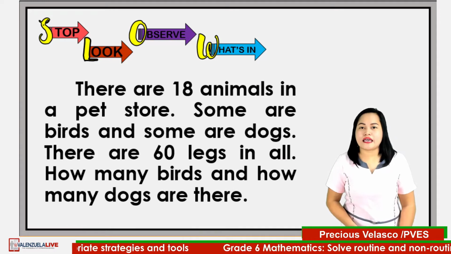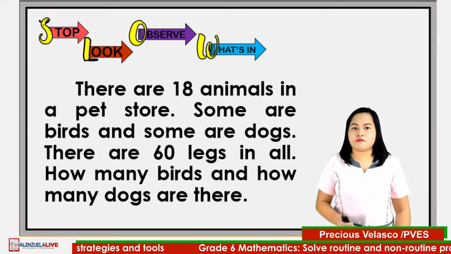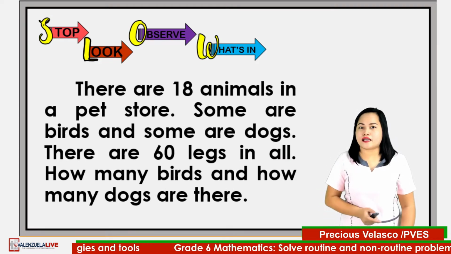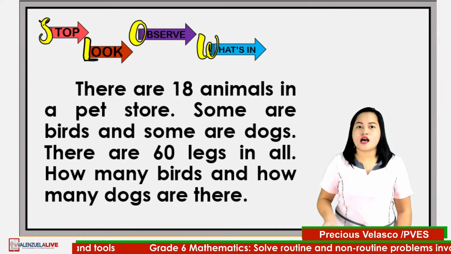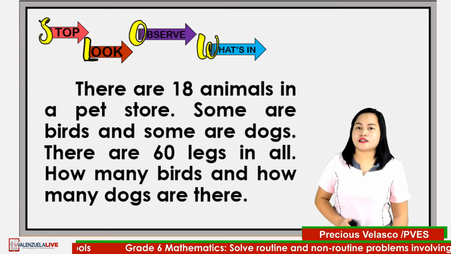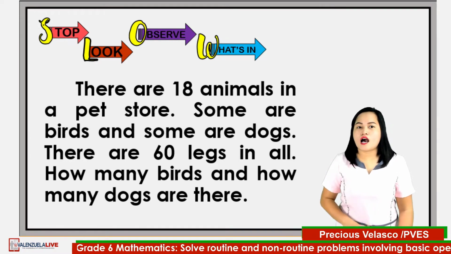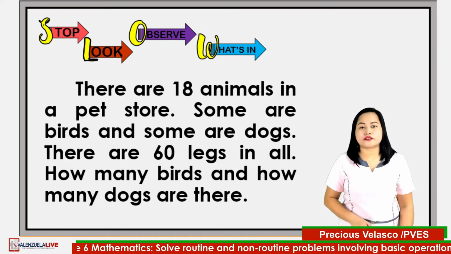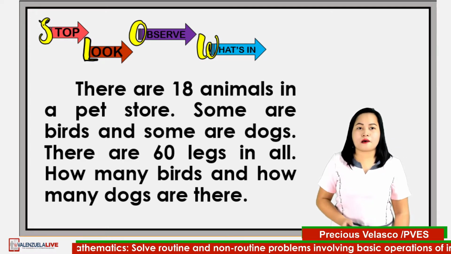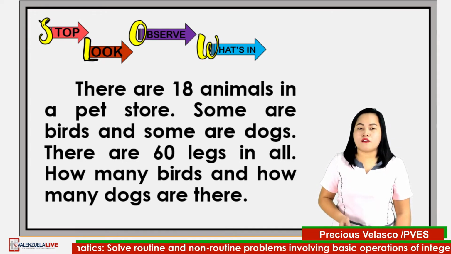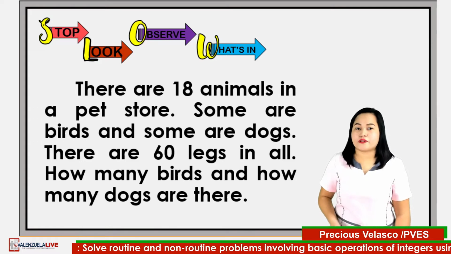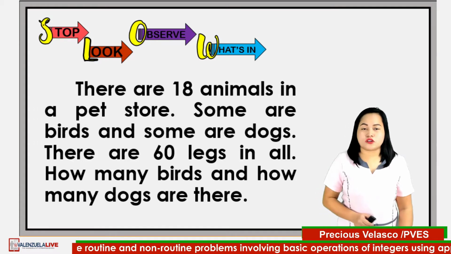So I have here a problem, and it says there are 18 animals in a pet store. Some are birds and some are dogs. There are 60 legs in all. How many birds and how many dogs are there? So we need to find out the exact number of dogs and the birds in that pet store.